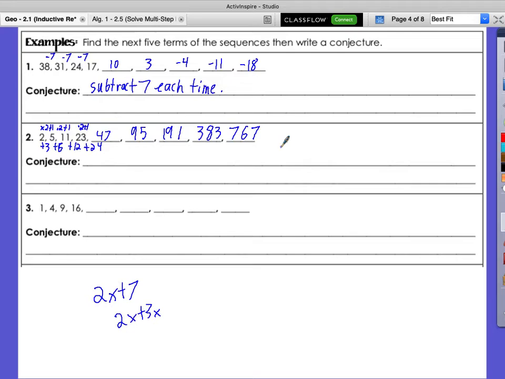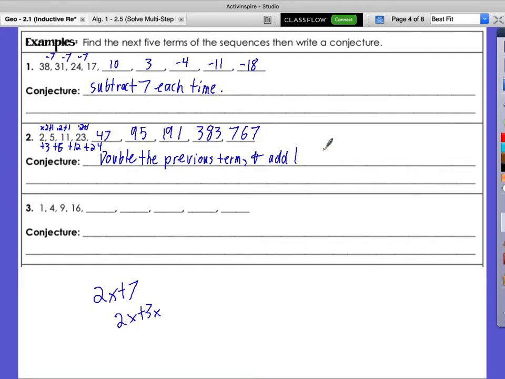Alright. So, let's say our conjecture, how we get to each one, let's say double the previous term, so we know which term we're doubling, and add 1. Double the previous term and add 1.